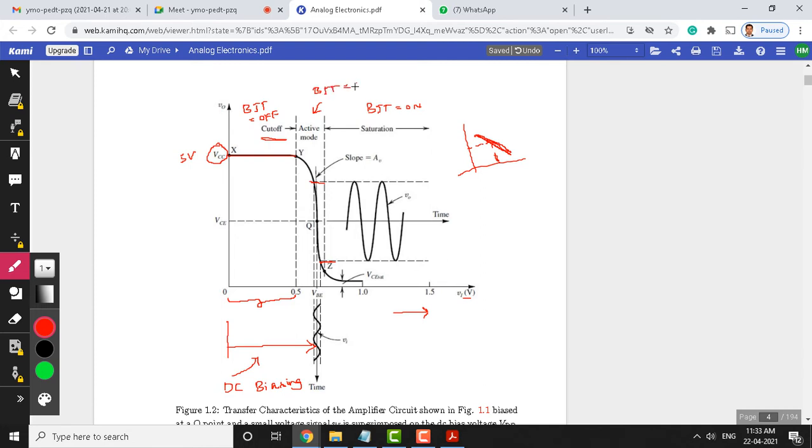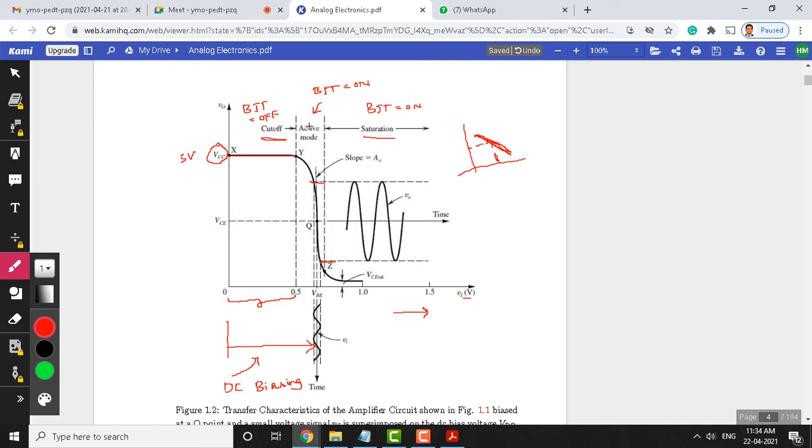The question here is, when it is on, which mode is it operating in? That is also very important. When the BJT just becomes on, it will be operating in the active mode. If you increase the input signal beyond the base to emitter voltage, the BJT enters into the saturation mode. For amplification, what is required is only the active mode.